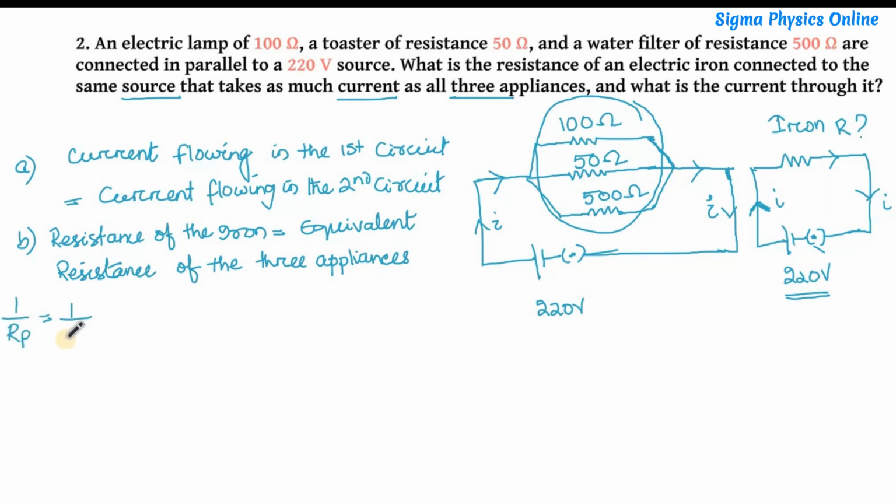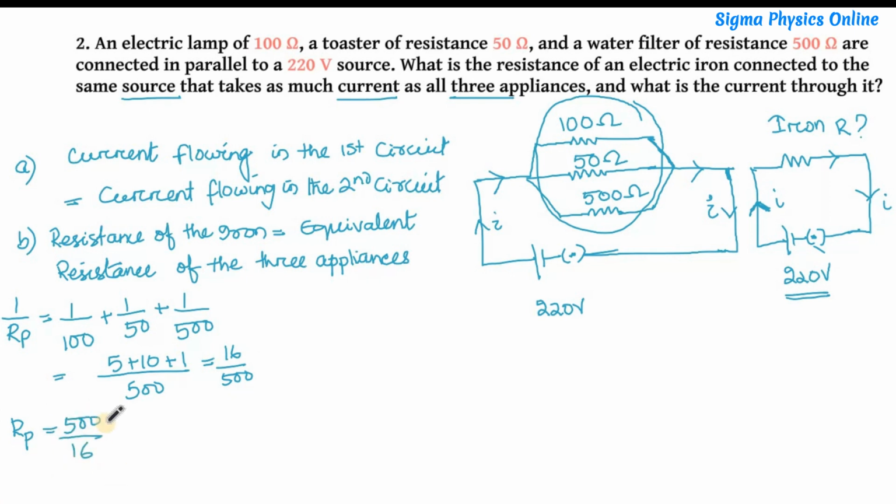So the equivalent resistance is given by 1 by Rp is 1 by 100 plus 1 by 50 plus 1 by 500. The LCM is 500. It's 5 plus 10 plus 1, which is 16 by 500. So Rp is 500 by 16, which is 250 by 8, which is 125 by 4, whose value is 31.25 ohm.